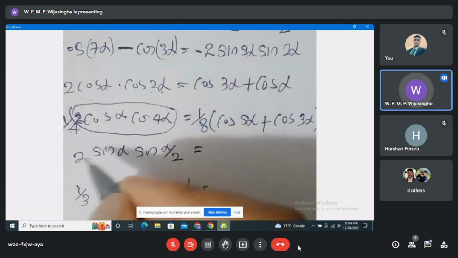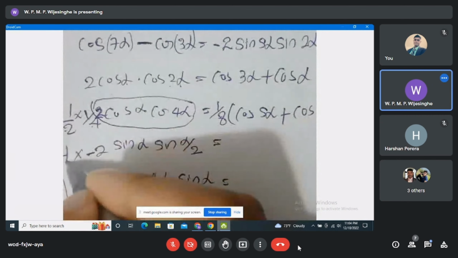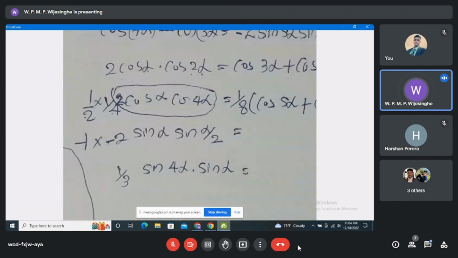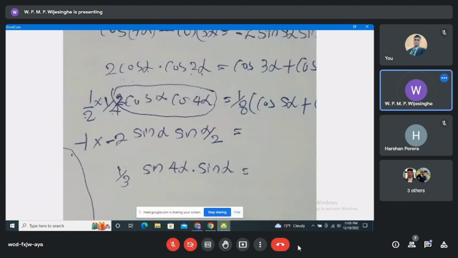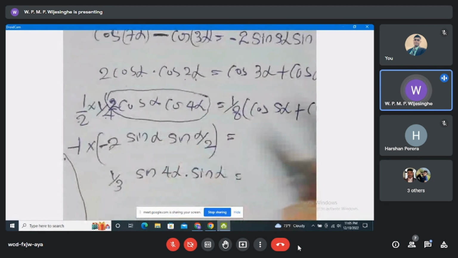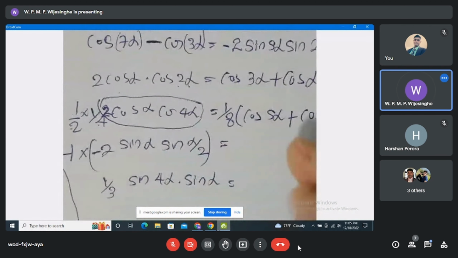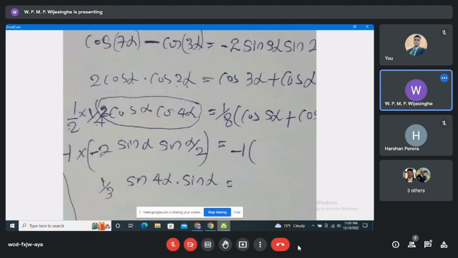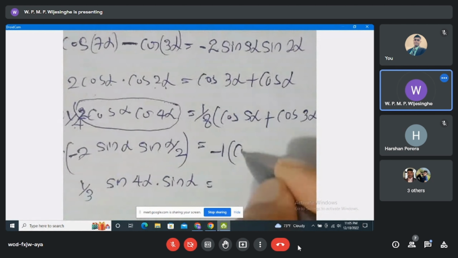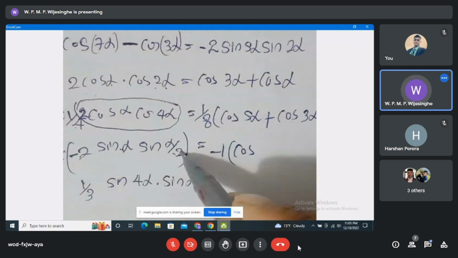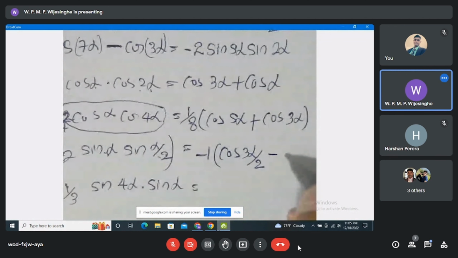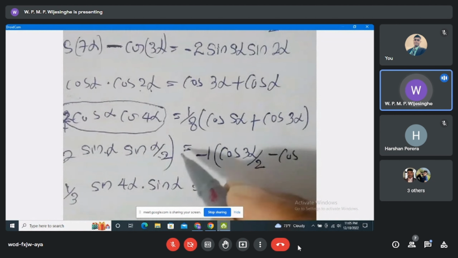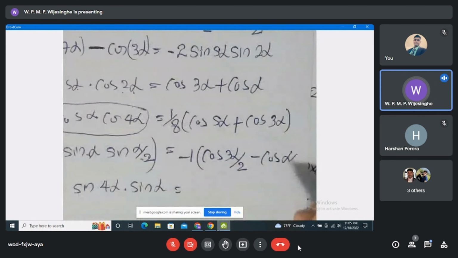And also here missing minus, then it should be cancelled by adding minus 1. Minus minus plus, right? Then here what we want, right? Minus 1 cos, addition alpha plus alpha divided by 2, it is 3 alpha divided by 2, minus cos the difference alpha minus alpha 2, it is alpha divided by 2.